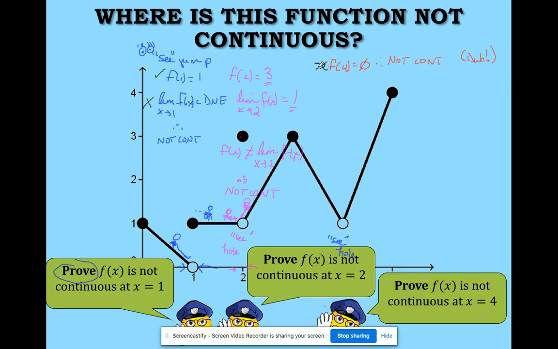The function value did not exist here. I jumped right to not continuous. The function level existed, but the limit did not. Therefore, I could jump to not continuous. Here, the function value existed, the limit value existed, but they were not equal. Therefore, not continuous.